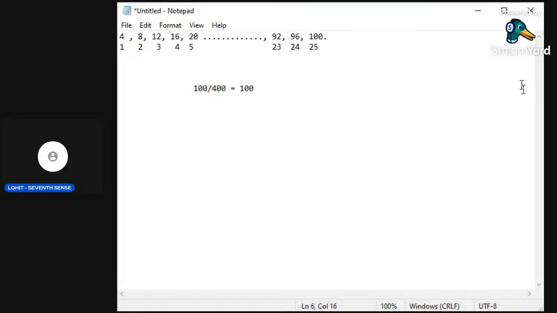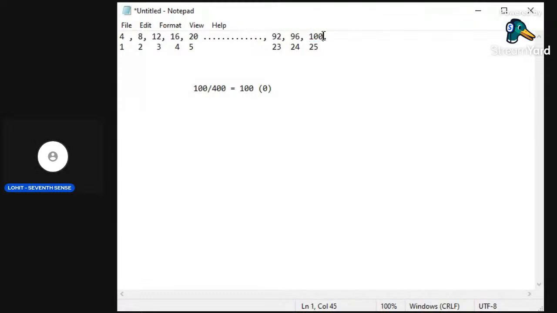Got it? If you divide 100 by 400, the answer will be 100, right? But you need to get 0, and this is not 0. So what are you going to do? This is not a leap year. That's it. So this 25th is going to be considered an ordinary year.